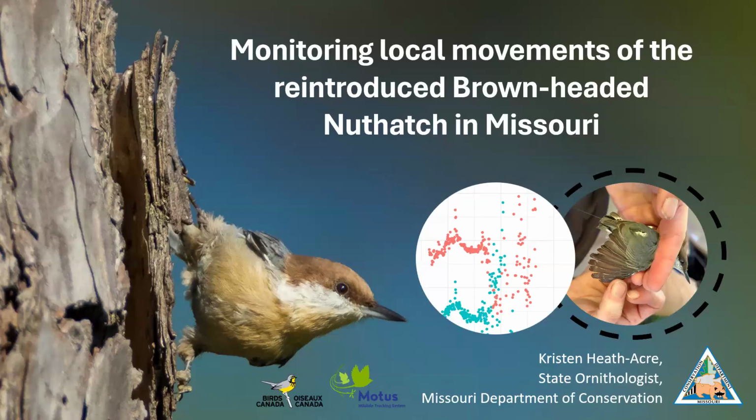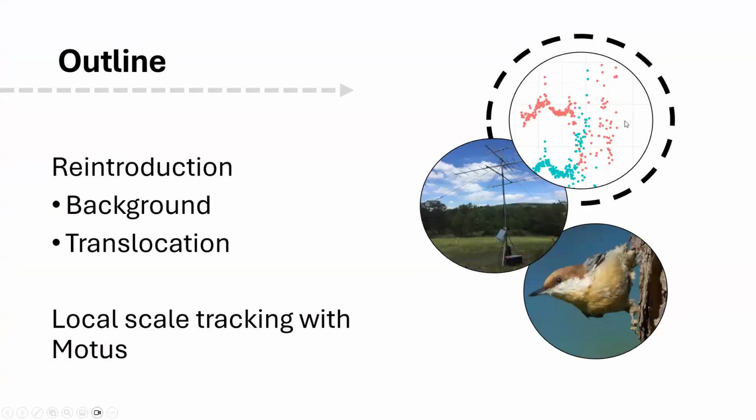We don't have a lot of analyses or conclusions to share today, but I will talk about the background of the project, a little bit about the preliminary results, and how we're moving forward. So: the reintroduction background, the translocation, and then more specifically the local scale tracking using Motus.